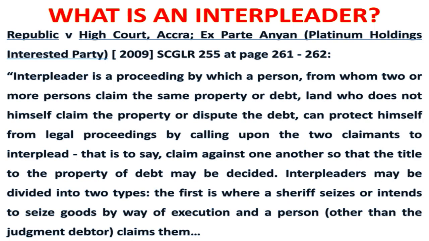Then the registrar, acting on the instructions of the judgment creditor, will go ahead and seize the vehicle and keep it. Now that the registrar has seized the vehicle, his work is to ensure that the right procedure is followed for the property to be sold. So the registrar is never saying the property belongs to him. He's only coming in as somebody helping in the execution of the process.